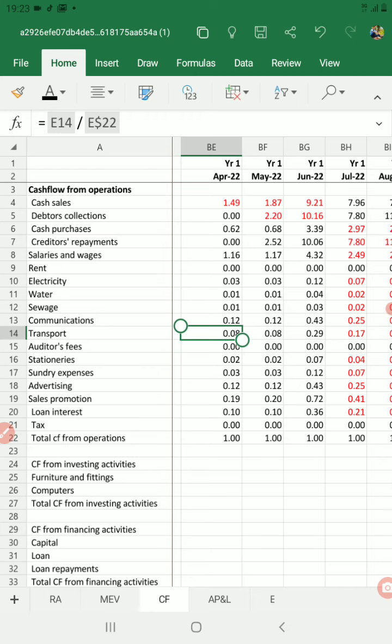And the main reason why it is suitable to use multiples here is that the total cash flow from operations figure is less than the line items we want to convert. For example, cash sales is greater than the base figure. Salaries and wages is greater than the base figure. So in this case, using multiples makes more sense than using percentage.